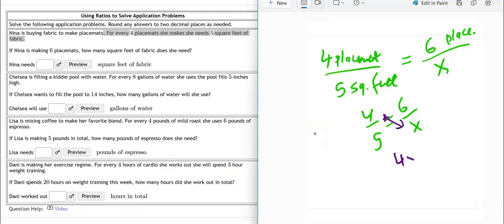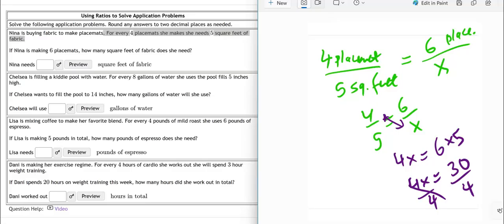So 4 times X is 4X equals 6 times 5. Let me write 6 times 5 as it is, so 4X equals 30, and divide by 4. When you divide, 4 and 4 cancel to 1, so X equals, let's see, using a calculator, 7.5.